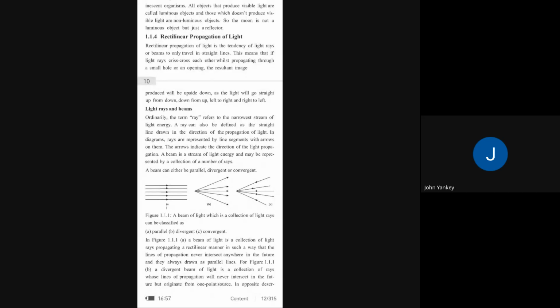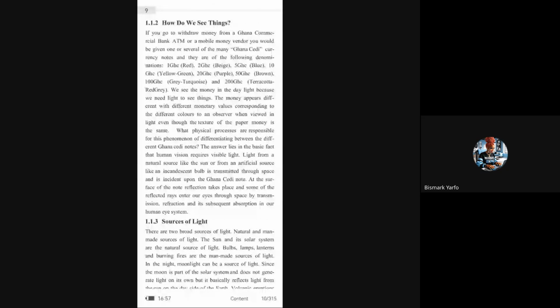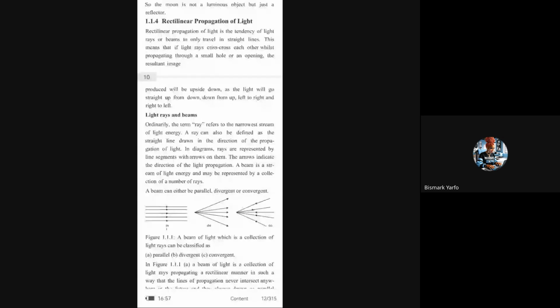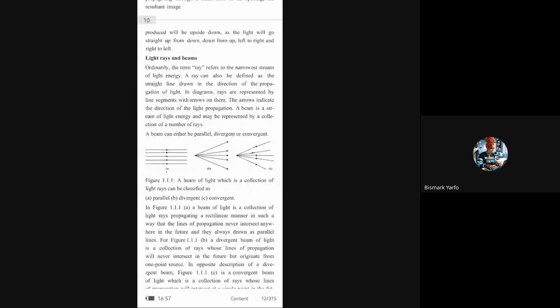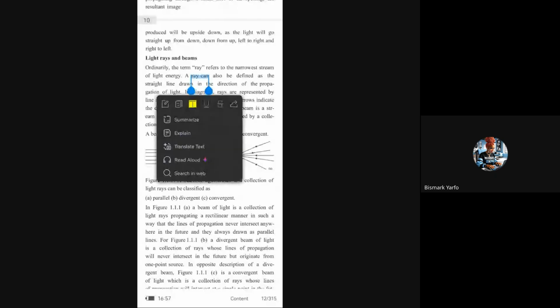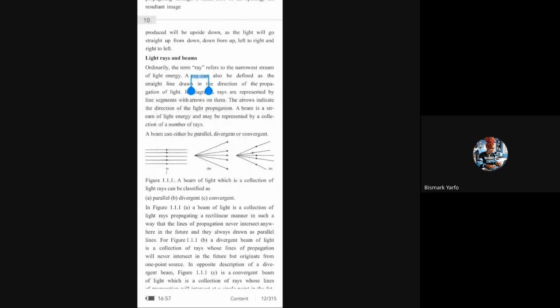Okay, sir. So we see, sir, the law of reflection. What makes the beam to be parallel? So how do we get the three different types of beam?